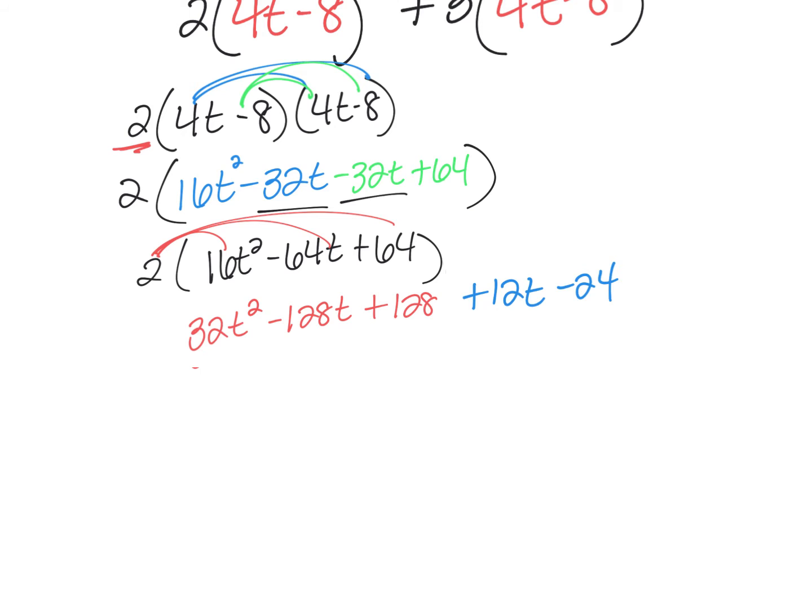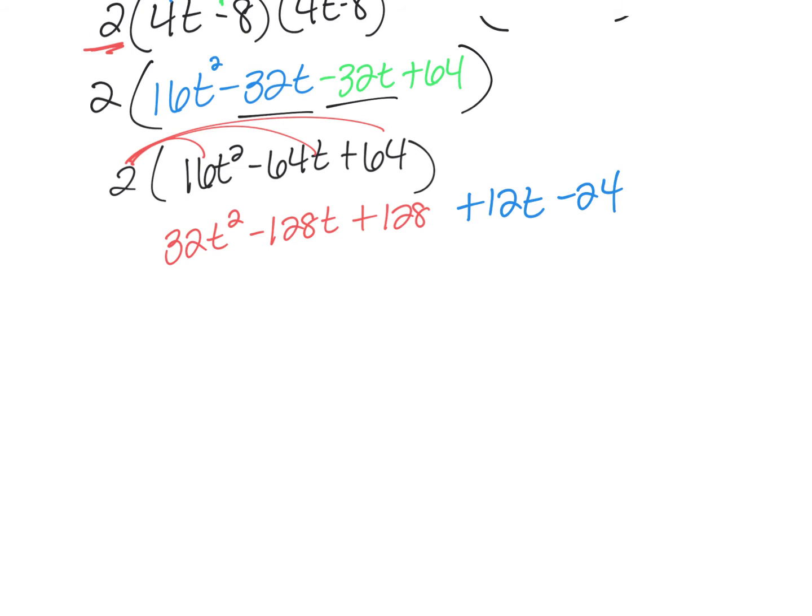Now we just need to write it in standard form and clean it up. So I'm going to write the 32t squared first, because that's the first thing we need to do for standard form. Then I have my t's. I have negative 128t and a positive 12t. What would that be? Negative 116t, I believe. Yeah.